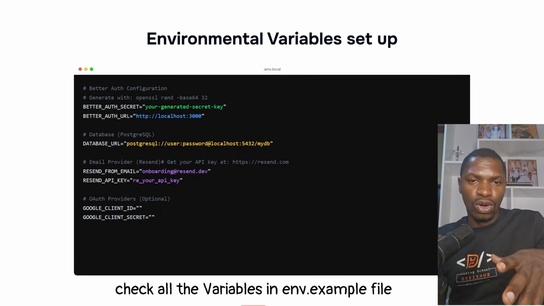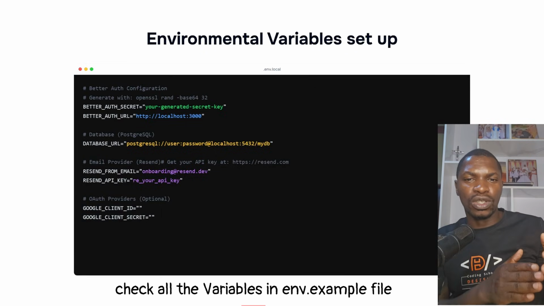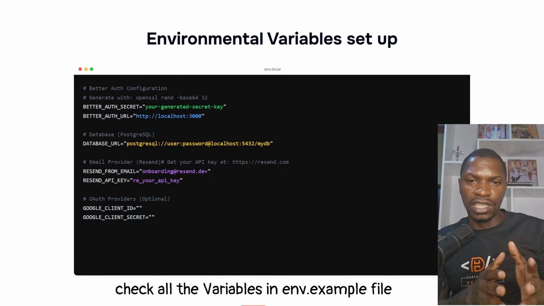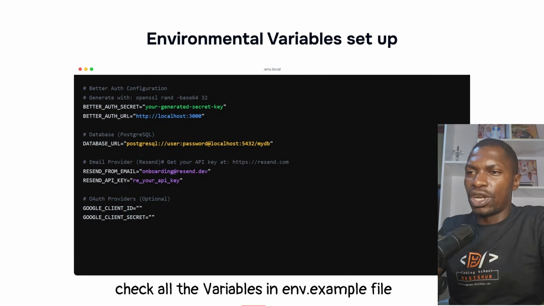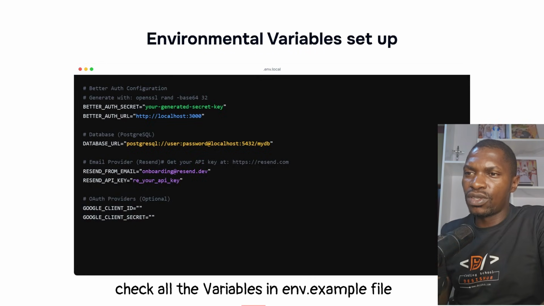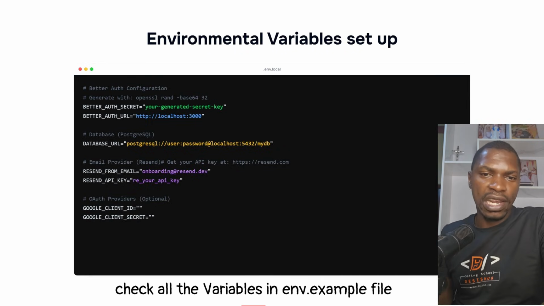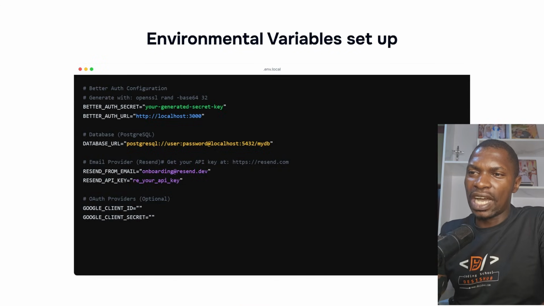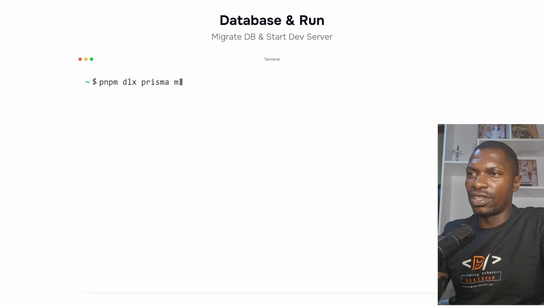When you install a new project, you will see there is a .env.example where you will find everything you need. If you go ahead and add all these variables, we're going to run the dev server and look at the pages that it actually added.